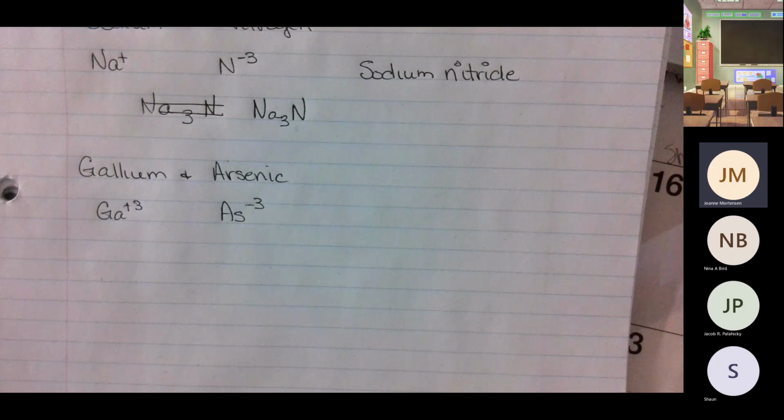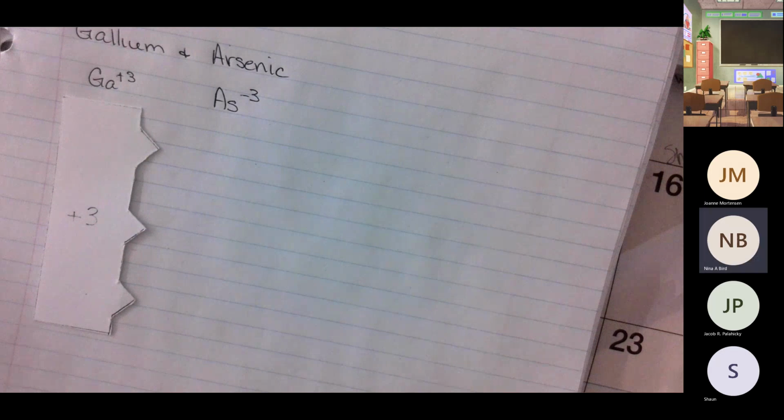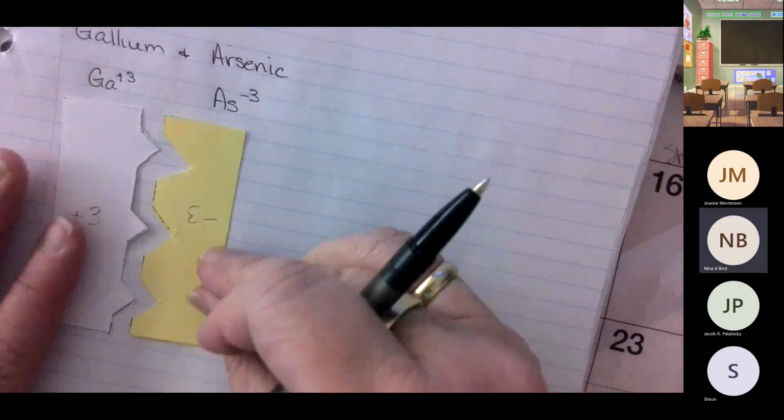Or just become one with your periodic table. Now, where'd it go? How many chippies do we need? These are not chippies. 3 plus. Can we use the big three, or do we have to use the negative ones once again? 3 and 3?